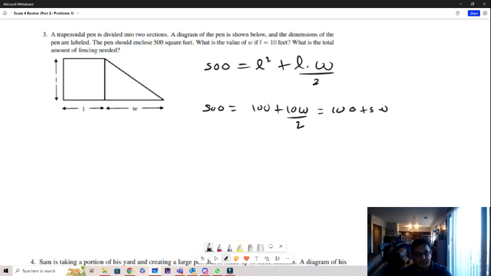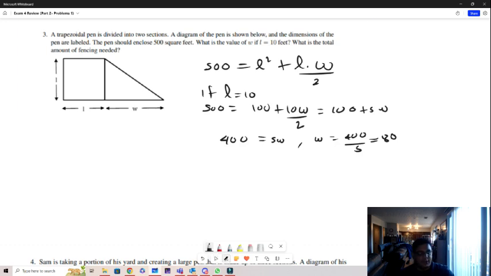So this means that 400, because I subtract this 100 from here, is equal to 5W, and then W is going to be 400 over 5, which is 80. So if we assume that L is equal to 10, we get that W is equal to 80.